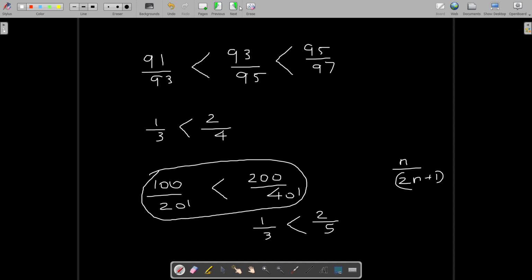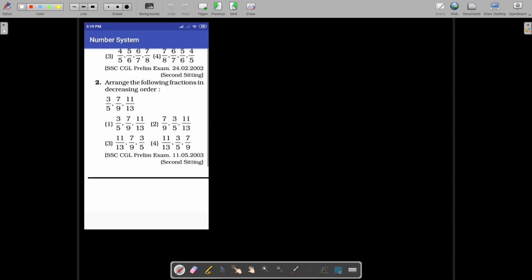Now let's take some sample questions. Arrange the following fractions in decreasing order: 3 by 5, 7 by 9, 11 by 13. Try to pause the video and do it on your own. The pattern here is the denominator is 2 greater than the numerator. The smallest such fractions are 1 by 3 and 2 by 4.